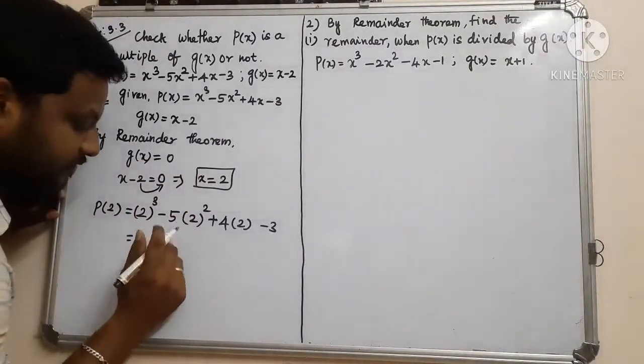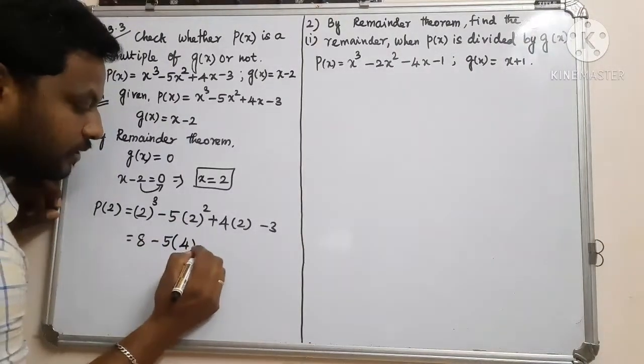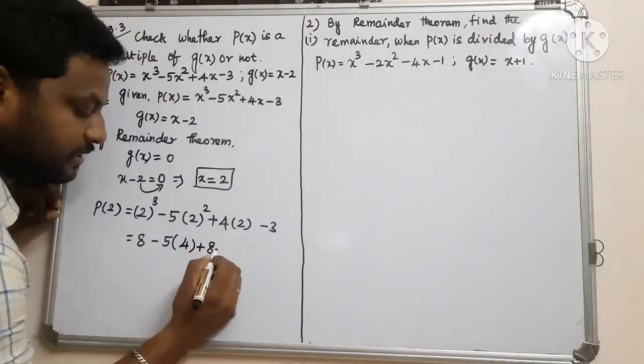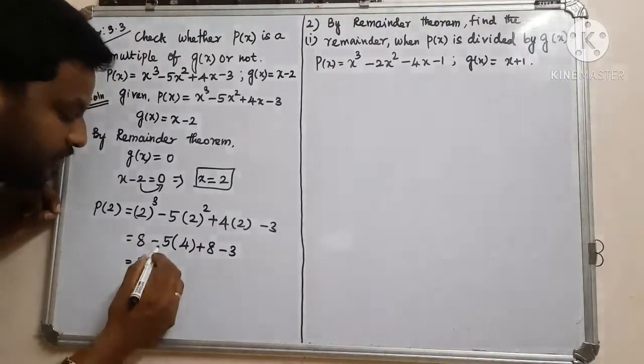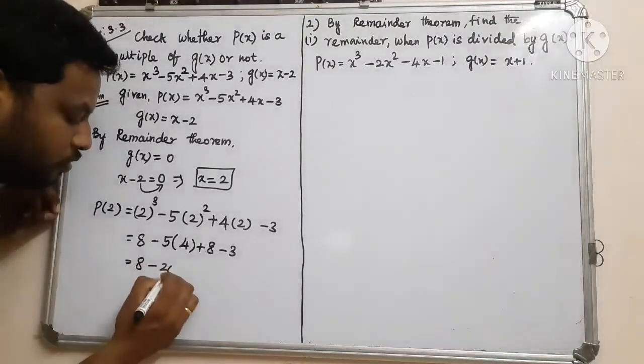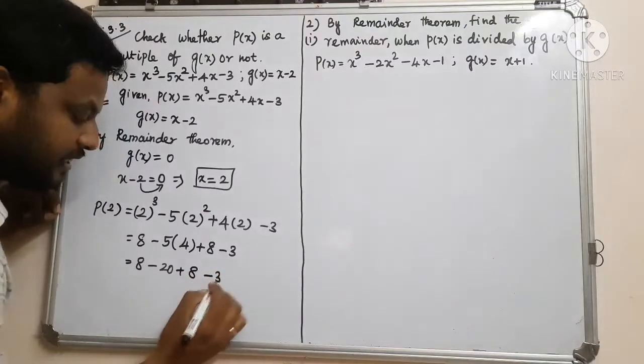So 8 minus 5 into 2 twos are 4, plus 4 twos are 8, minus 3. So now 8 minus 5 fours are 20, plus 8 minus 3.